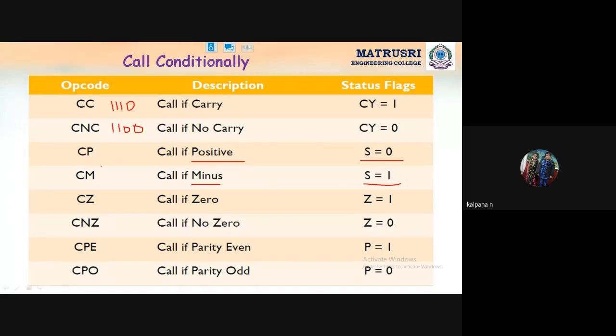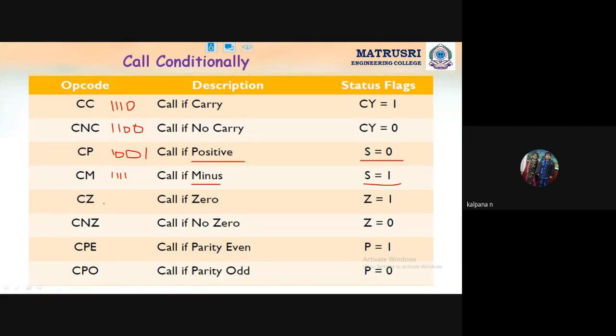So if the result is positive, jump to one location, 1001; if the result is negative, jump to this other one.